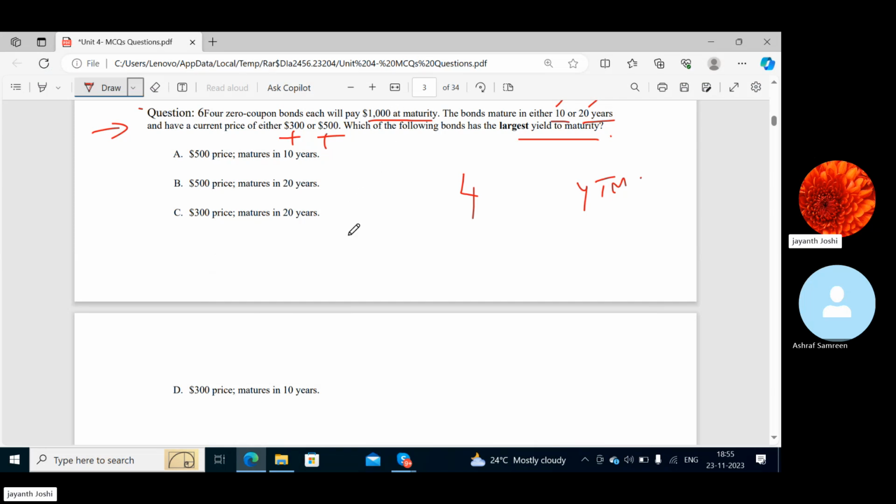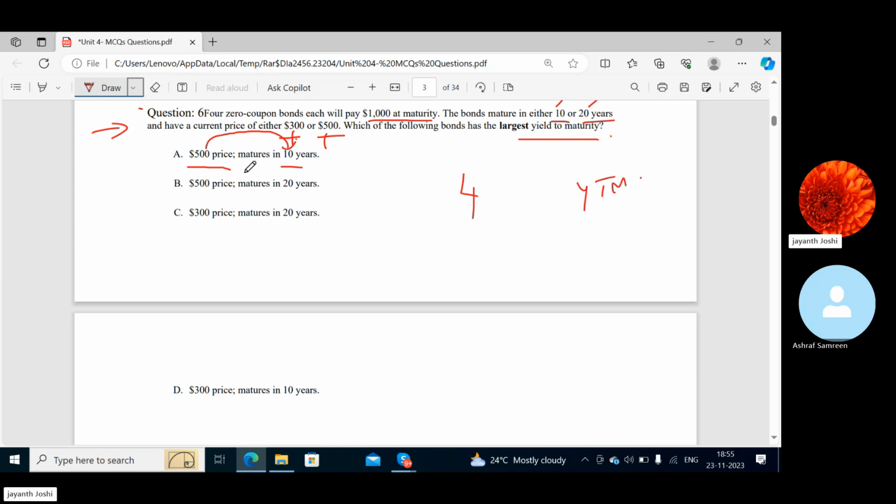These bonds do not have coupon rates, right? The $500 bond is the most expensive one, and it is maturing in 10 years. You are holding it only for 10 years, right?